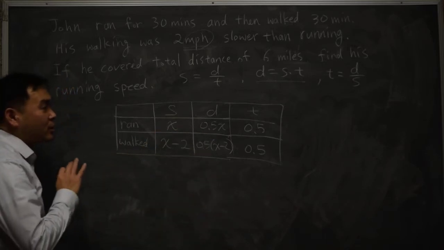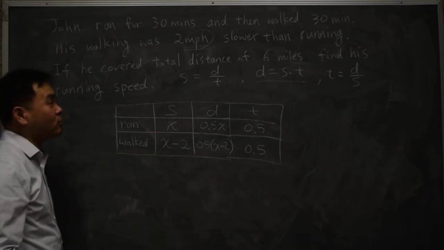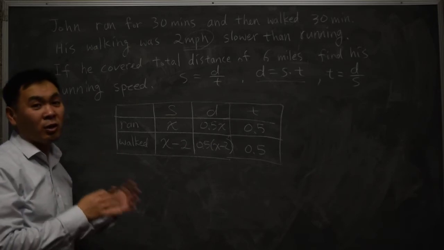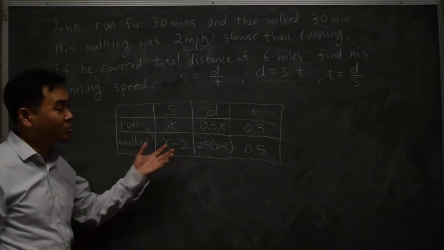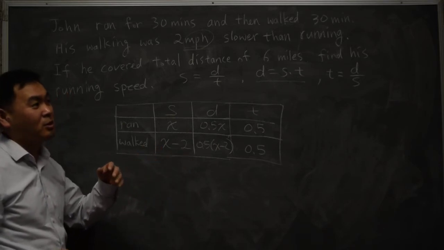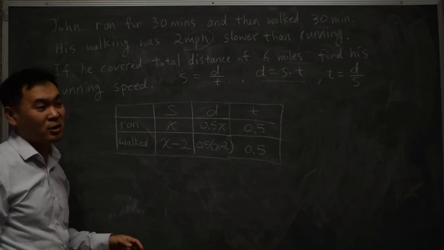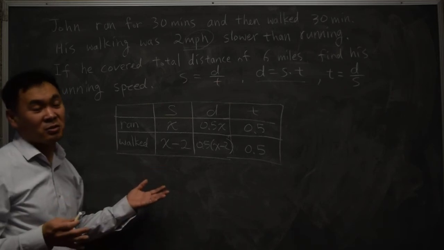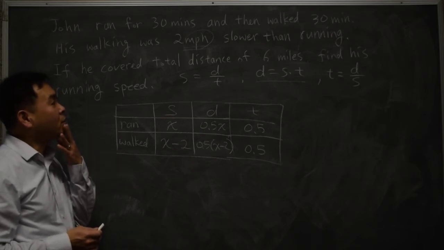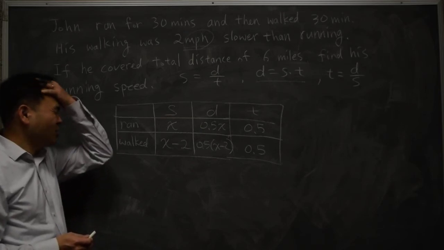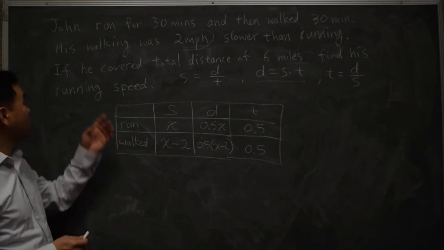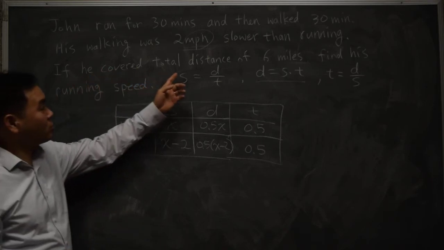Now once you filled everything in, then you have to go back to the question and see if there's any equality that you can find from here. Sometimes it says, oh, the two distances are equal, or the two times are equal. The speed might be the same. Or, in this case, try to spot some number that you haven't used before. So here, he covered a total distance of 6 miles.